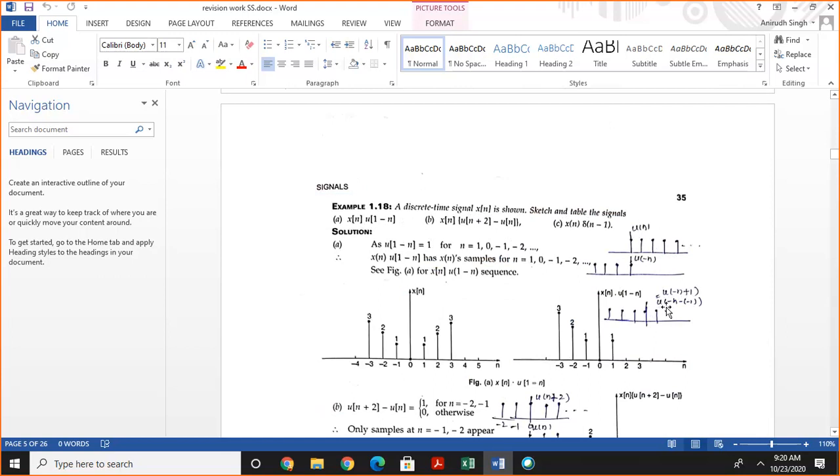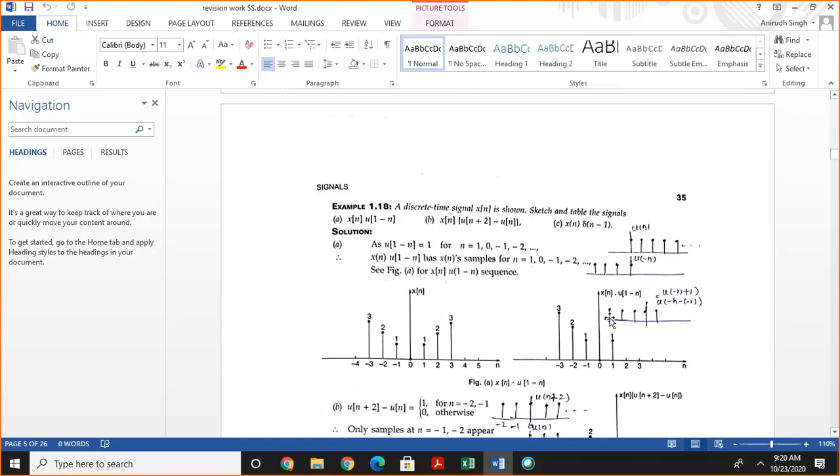Then you can write u of minus n plus 1 or u of minus n minus 1. It means that this signal is shifted to the right-hand side, and this is the diagram of u of minus n plus 1.